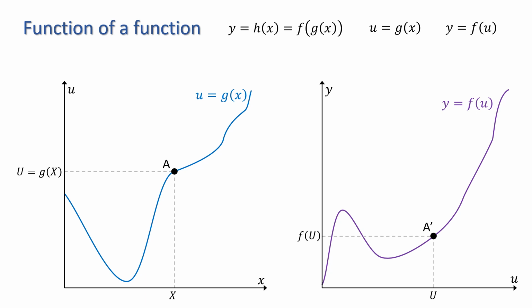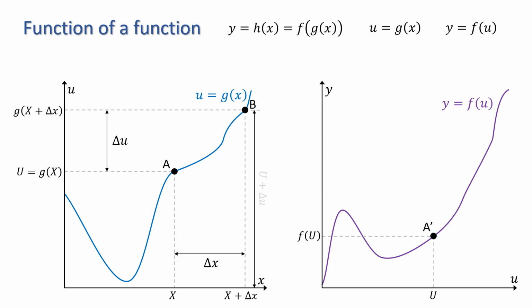Now let us consider a second point B on the curve u equals g of x, a distance delta x away from A in the x direction. This will have u-coordinate g of x plus delta x, which we can also write as u plus delta u. The point B will have a corresponding point B dashed in the uy plane, a distance delta u away from A dashed in the u direction.